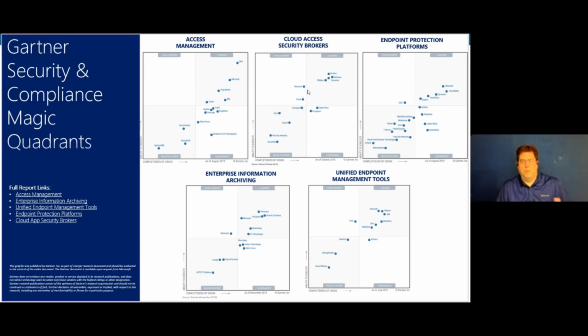They just have a little way to move over to get into the leader category there. But the thing to take away from this slide is to understand that Microsoft around security and compliance is among one of the leaders across all of these categories, by an independent analyst company such as Gartner.